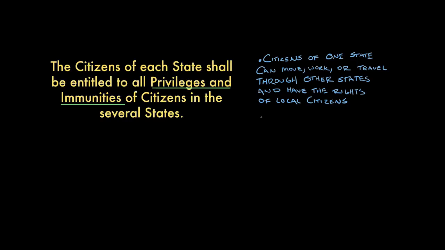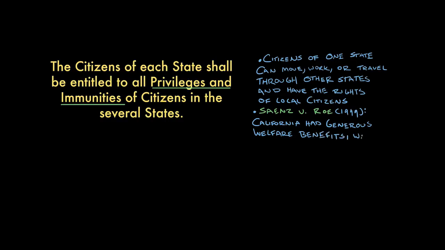In 1999, the Supreme Court dealt with a case called Saenz versus Roe. And what that case was about is that California had relatively generous welfare benefits. And California wanted to set up its law in such a way that it wouldn't encourage people from other states to move to California just to get the welfare benefits.